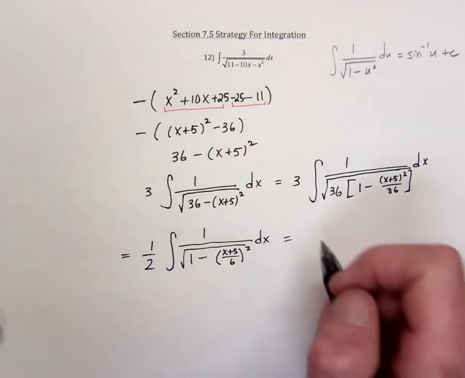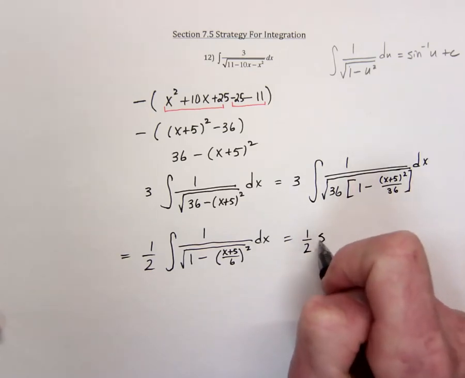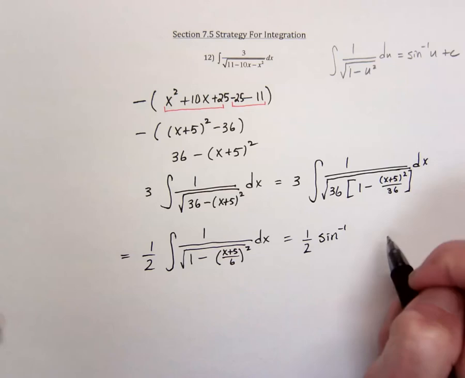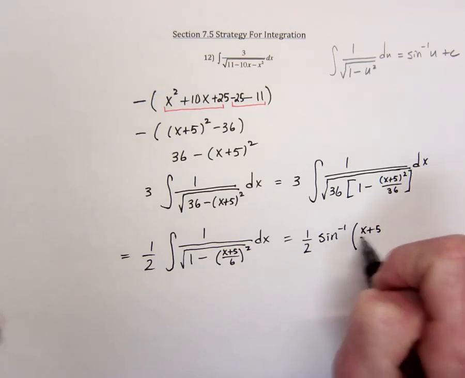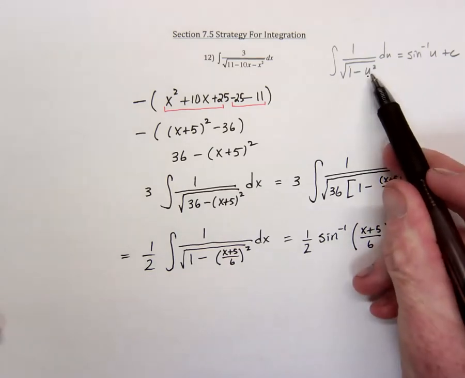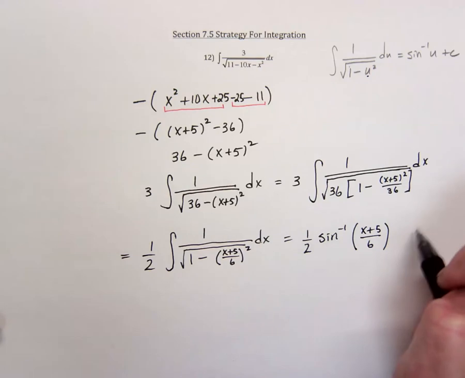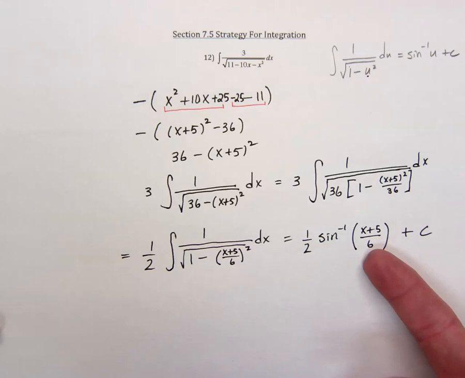So it's going to be 1/2 sine inverse of that fraction, x plus 5 over 6. So whatever u was right here, that's what goes right here. We need plus c, and then there's one small thing missing, which is the chain rule. The derivative of the inside would be a 1/6.